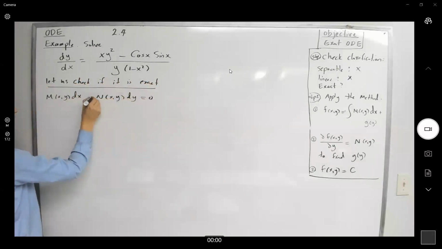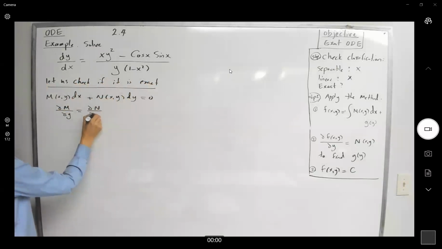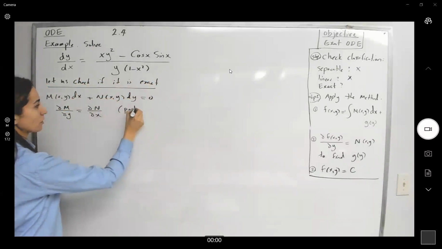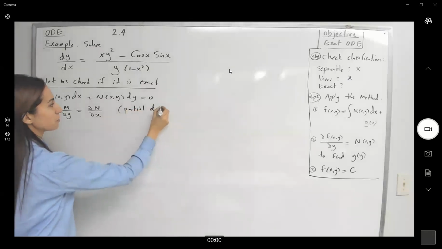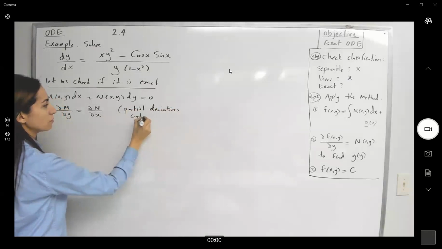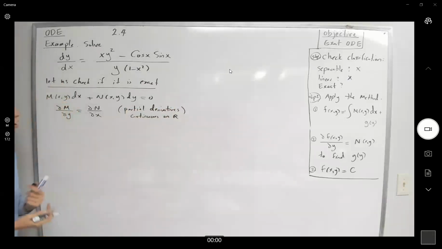And then, as we know, the partial derivatives of M and N exist on a rectangular region. We need to see if the partial derivative of M with respect to y is equal to the partial derivative of N with respect to x, with partial derivatives continuous on a rectangular region like R.